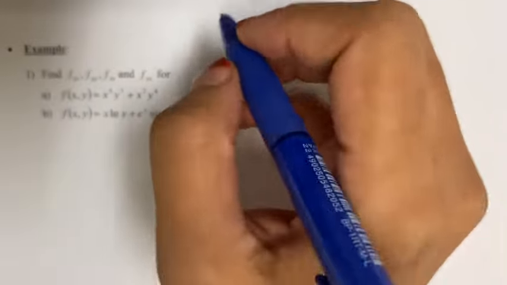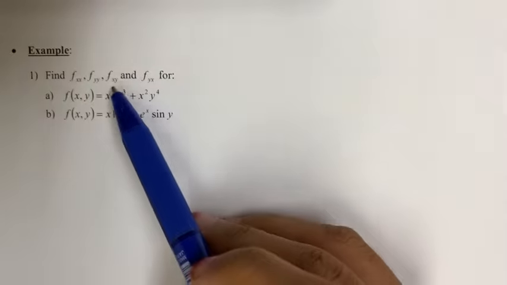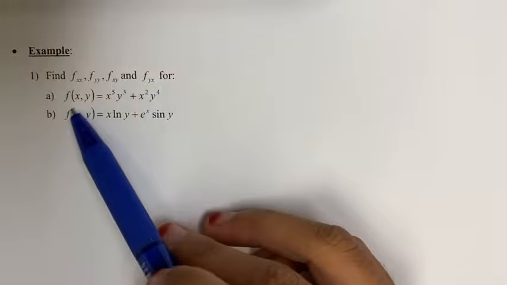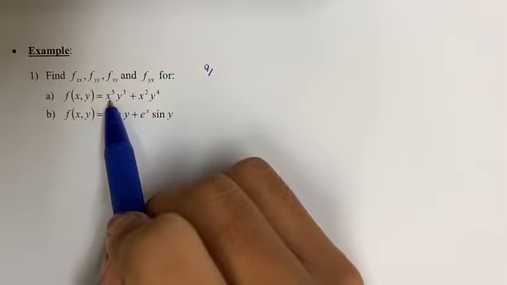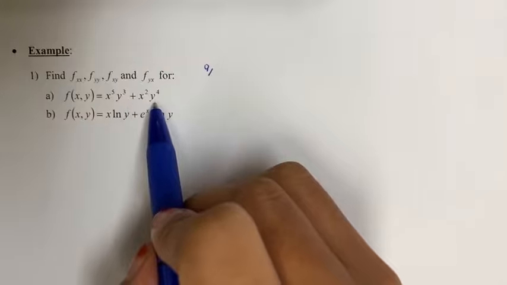Okay, for the first example, find f_xx, f_xy, f_yy, and f_yx for these two. Okay, so start with A. f(x, y) is equal to x to the power of 5, y cubed plus x squared, y to the power of 4.